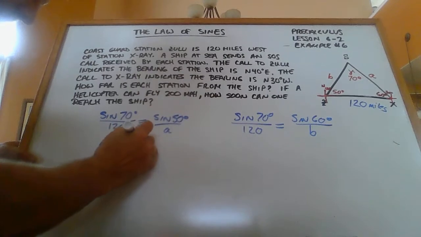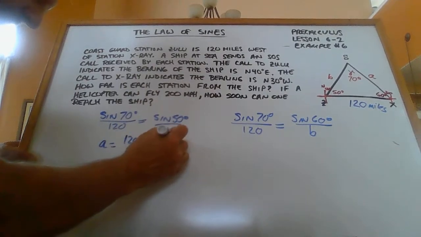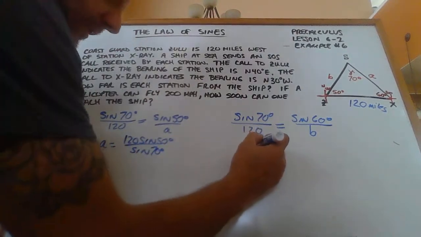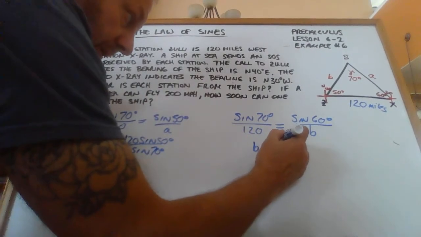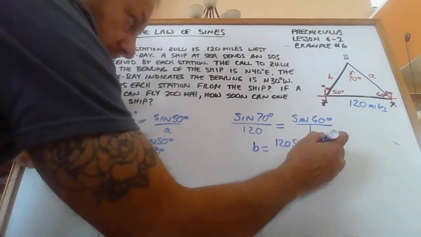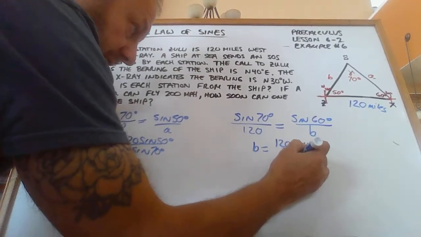A is going to be 120 sine 50 divided by sine 70. On this problem, B is going to be 120 times sine 60 divided by sine 70.